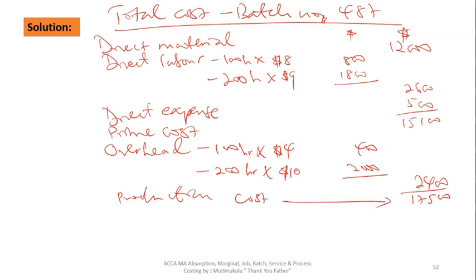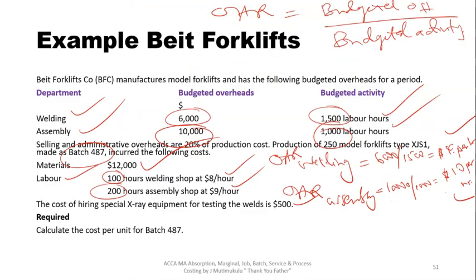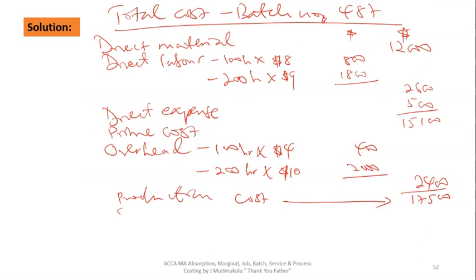Now when we determine the production cost, we then have to ask ourselves, were there any selling and distribution overheads? The selling and distribution overheads are 20% of production cost, which we determined is 17,500.